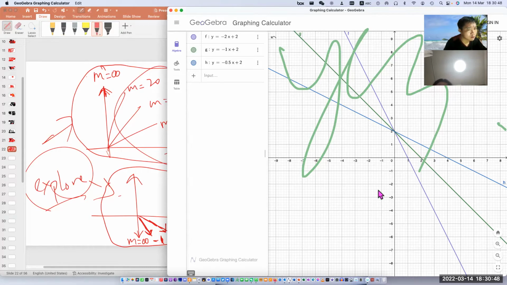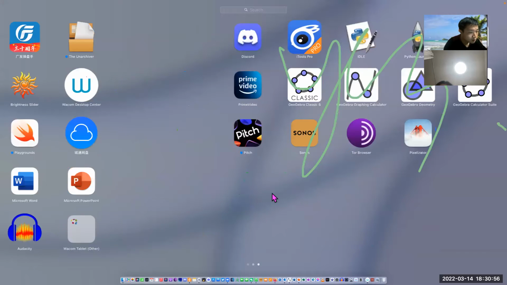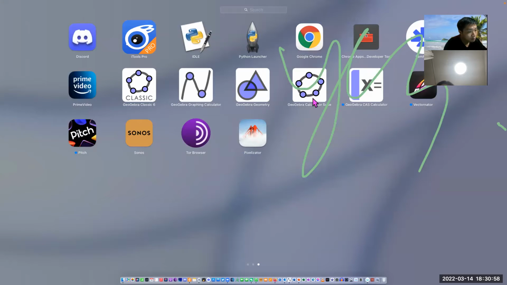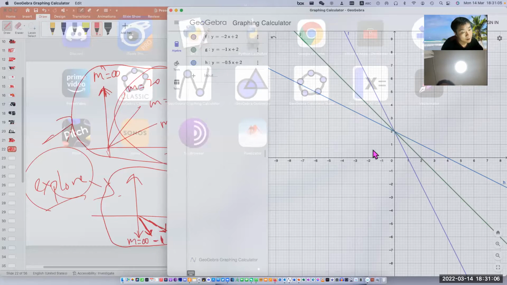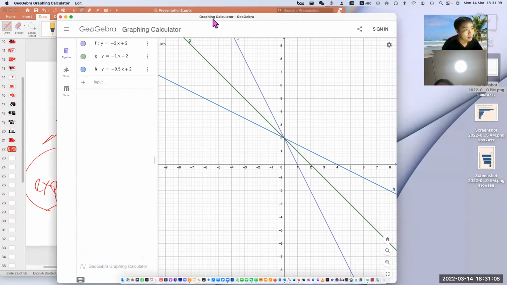I think you can go to your app store and quickly download GeoGebra. They have a few, so just download one of them, the GeoGebra graphing calculator app.